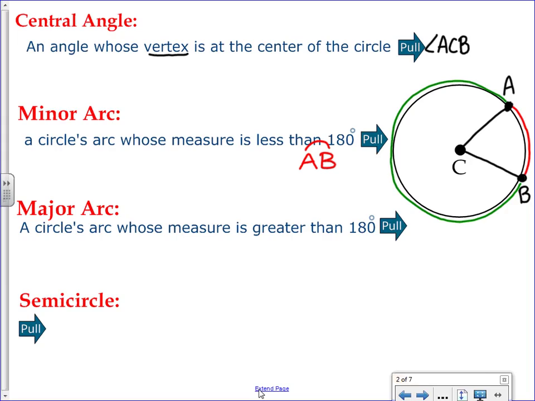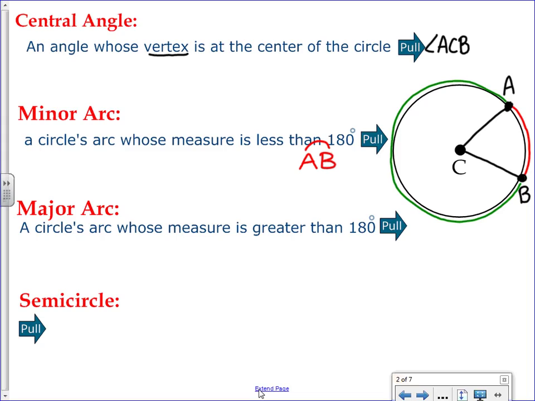Now, when you name the major arc, you also want to use AB because those are the endpoints of the major arc. However, if I call it major arc AB, it's the same exact thing as the minor arc, so you really wouldn't know which one I was talking about.